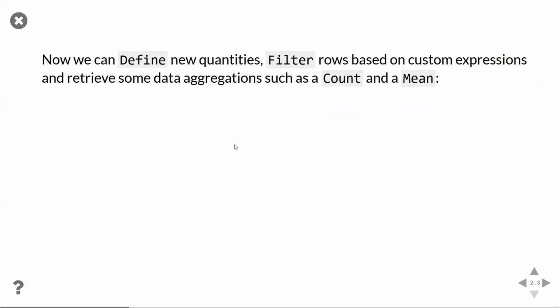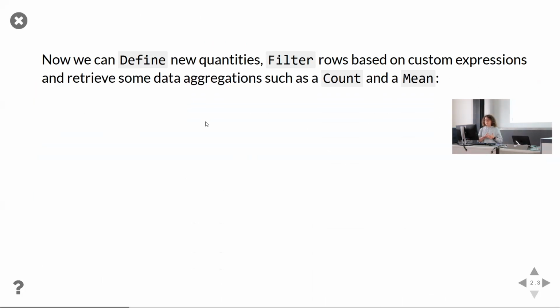So we can define new quantities, which means that we started with 4 columns, and using define, we can actually add more columns, also using the data that's already in the file. We can filter rows according to some conditions. For example, if you have the column A, and you only want the entries for which the value of A is larger or smaller than a certain amount, and we can do some data aggregations.